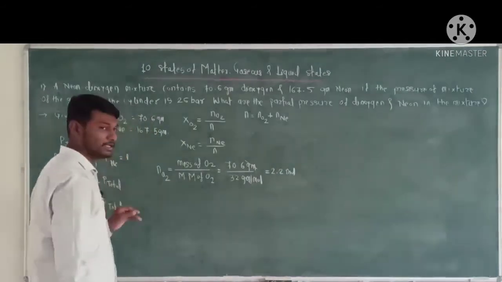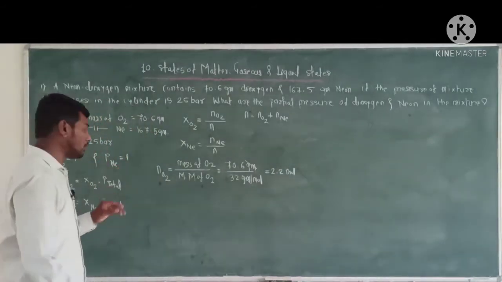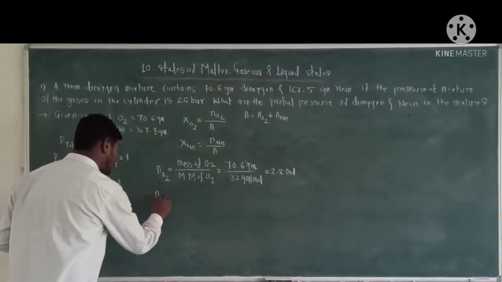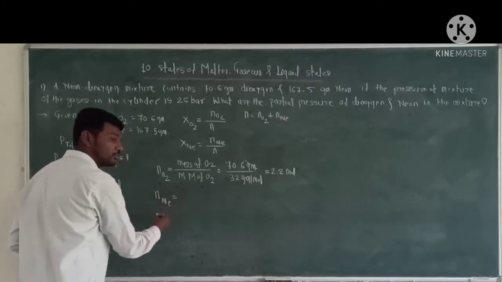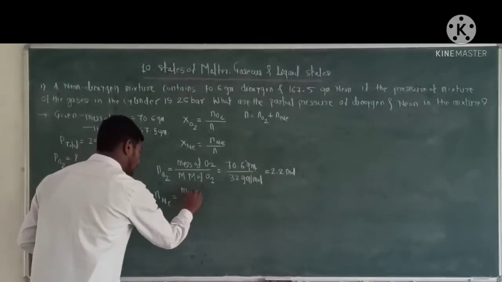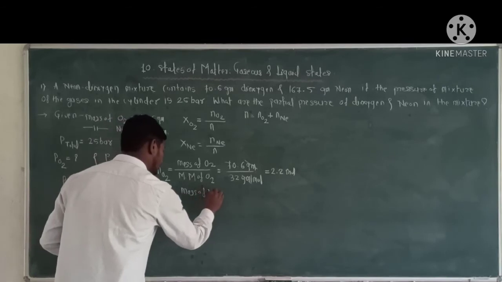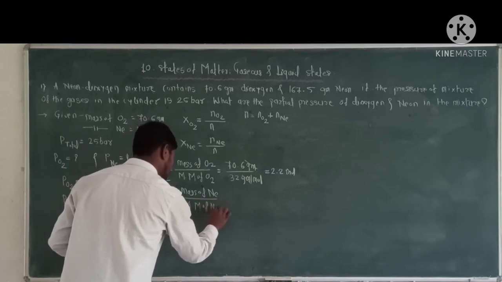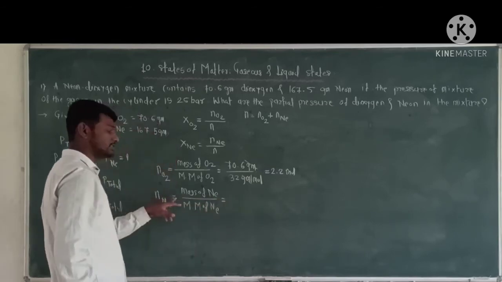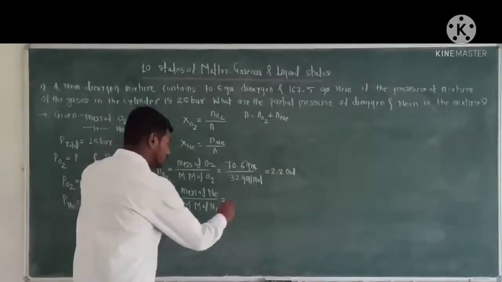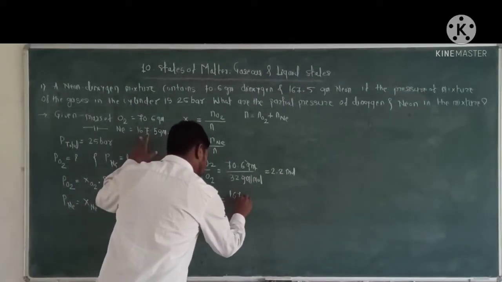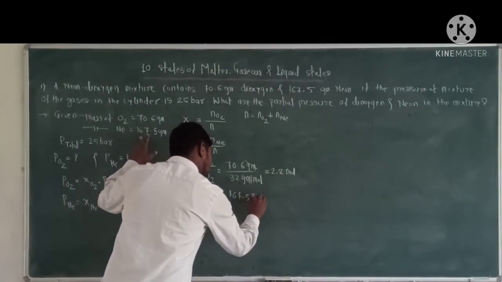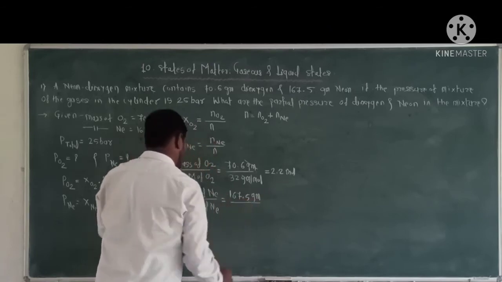Okay, similarly calculate the number of moles of neon by using the equation: mass of neon divided by molar mass of neon. The mass of neon is given, 167.5 gram divided by molar mass of neon.